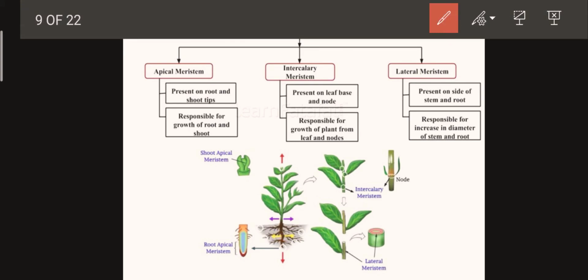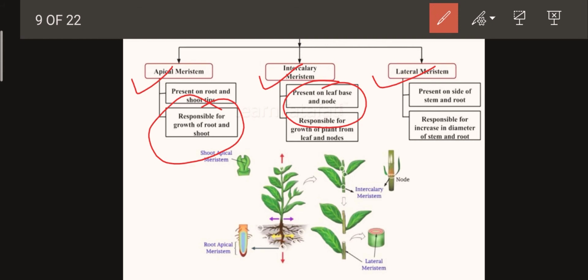Now this is the meristematic tissue depending upon the position: the apical, intercalary and lateral meristem. Apical meristem, as I told you earlier, is responsible for growth of root and shoot, making the root and stem, and responsible for the lengthening of the root and stem. While intercalary is also responsible for lengthening of the stem, but it is generally present on the leaf base and node.